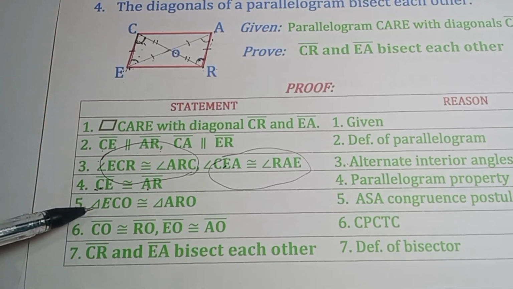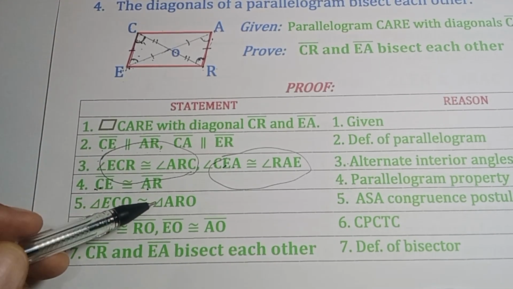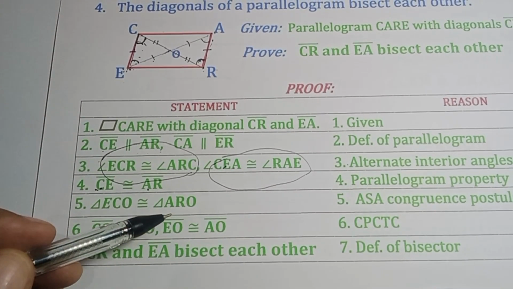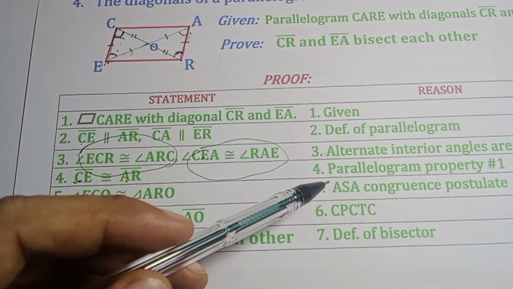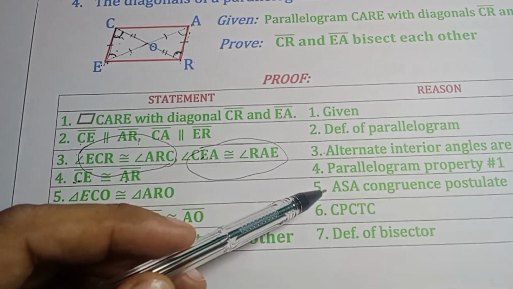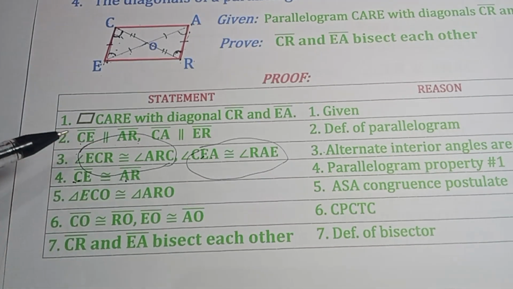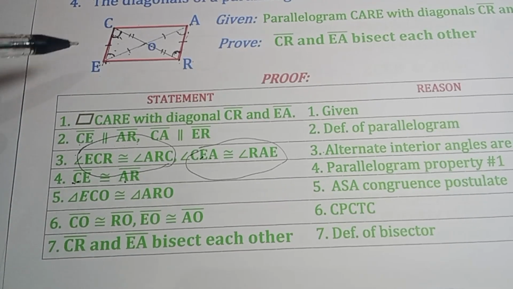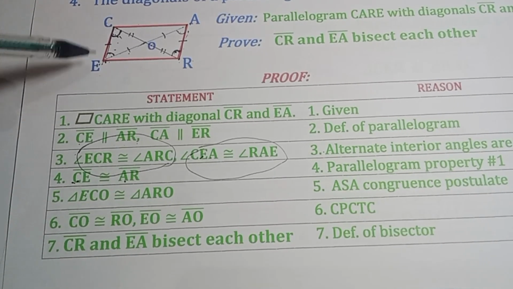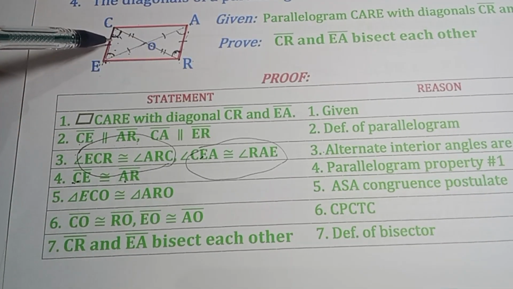So we write triangle ECO is congruent to triangle ARO. The reason is ASA congruence postulate. Now we can apply the corresponding parts of these two congruent triangles.